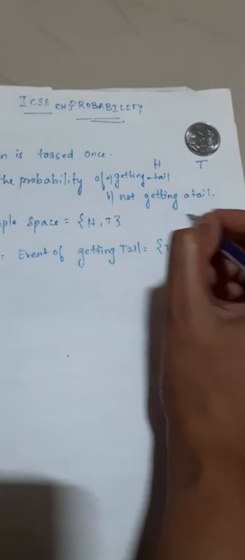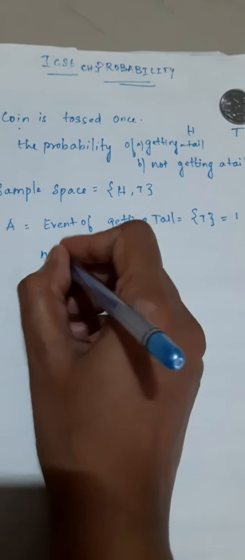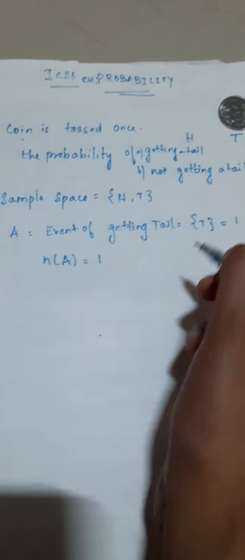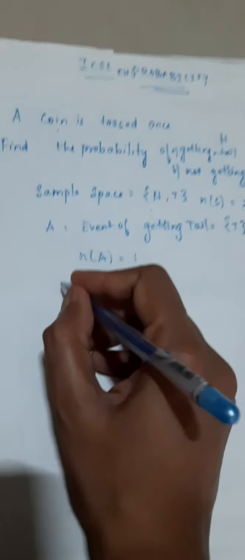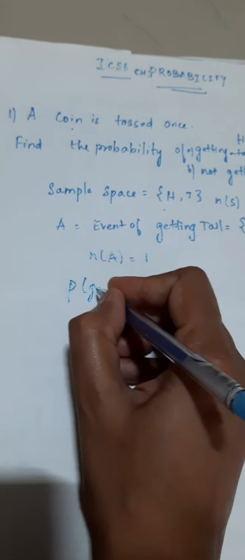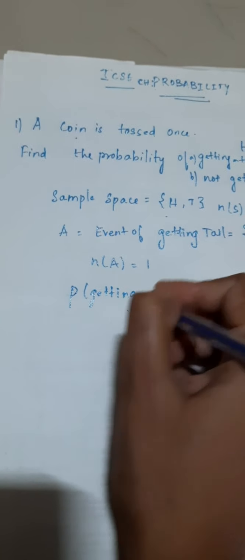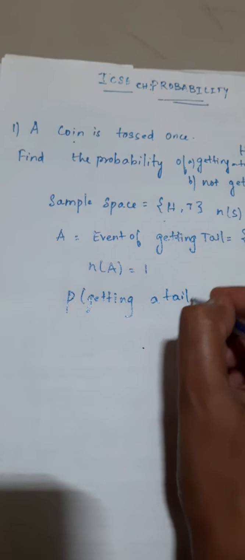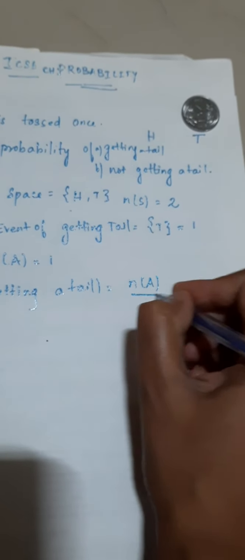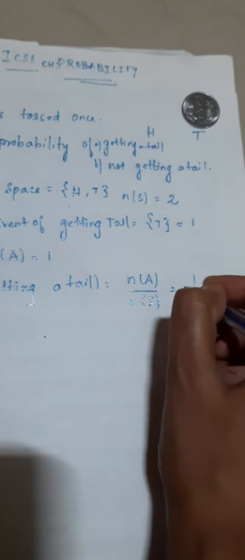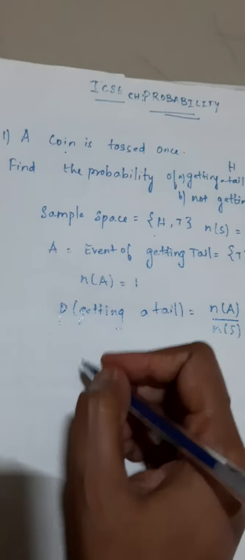So N of A is 1, number of events is 1, and number of sample spaces is 2. N of S is 2. So probability of getting a tail is equal to N of A by N of S, 1 by 2.